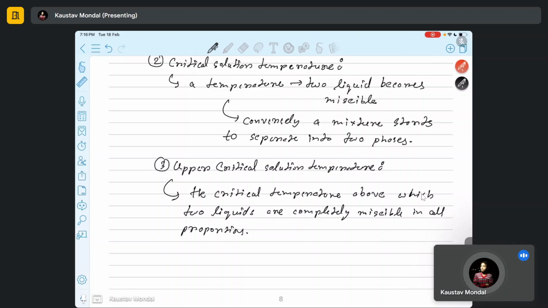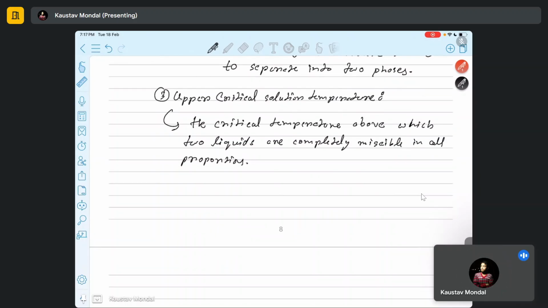So basically, in a mixture, if you cool it below this upper critical solution temperature, it results in a phase separation between these two liquids. So this is called the upper critical solution temperature.